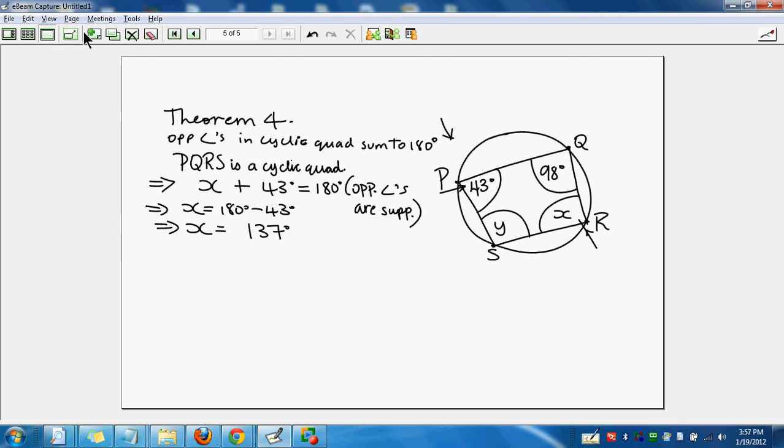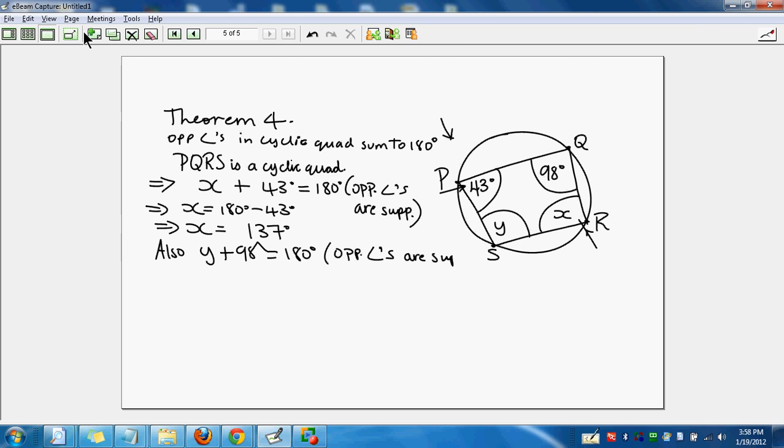In a similar fashion, you could solve for angle Y. We could also write that angle Y plus 98 degrees, which would be angle Q, must also work out to be 180 degrees. It's because of the same reason: seeing that it's a cyclic quadrilateral we're dealing with, we know that opposite angles are supplementary, meaning that when you add them together, you get 180 degrees.